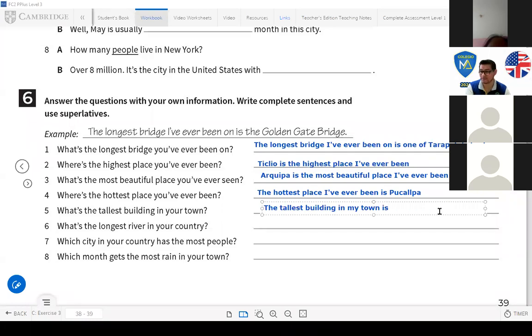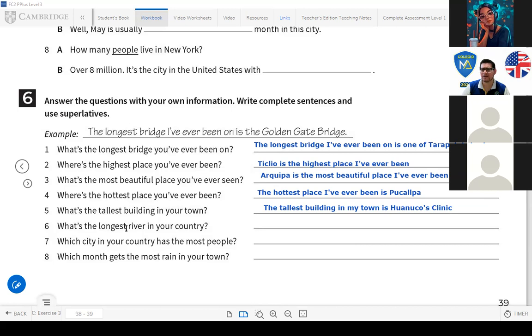The hospital is just five floors. La Clínica Huánuco creo que tiene como 8 pisos. No, this is with your personal information. For me, I think it's that. The tallest building in my town is Huánuco's clinic. La Clínica Huánuco.